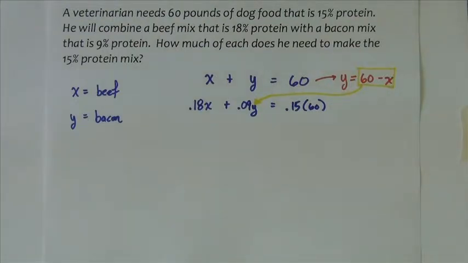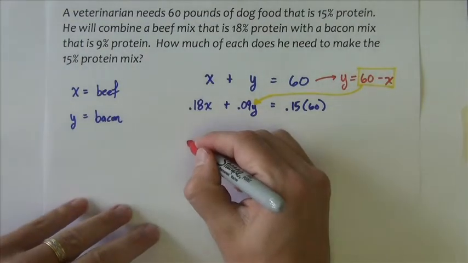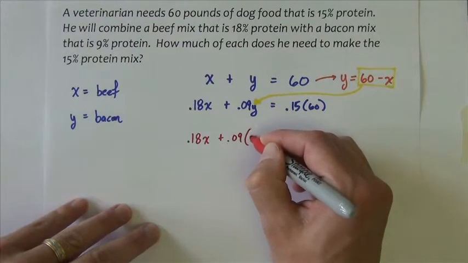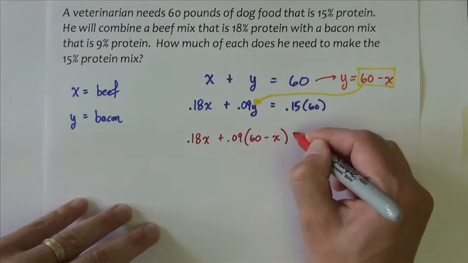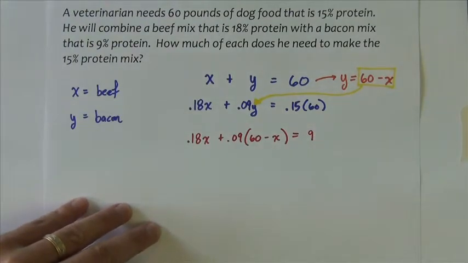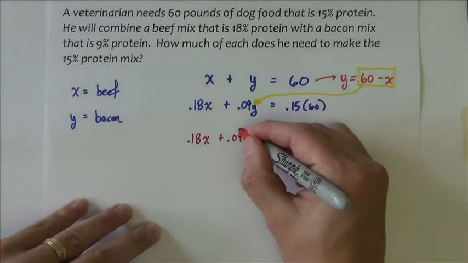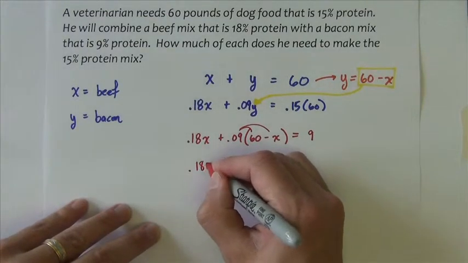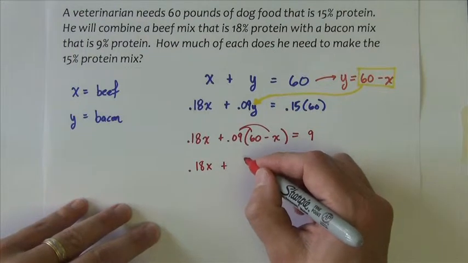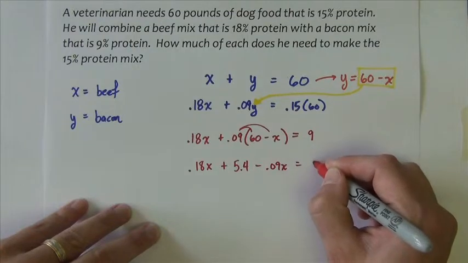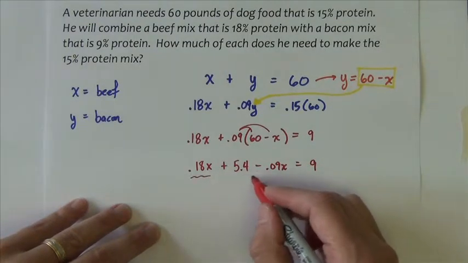All right, so I've got then 0.18x plus 0.09 times 60 minus x equals 0.15 times 60, which is 9. Okay, now we're going to keep going. I'm going to distribute the 0.09. So I'd have 0.18x plus 5.4 minus 0.09x equals 9. I'm going to combine these like terms.